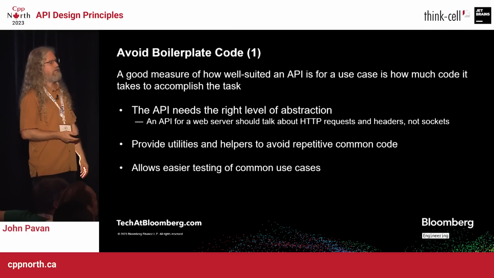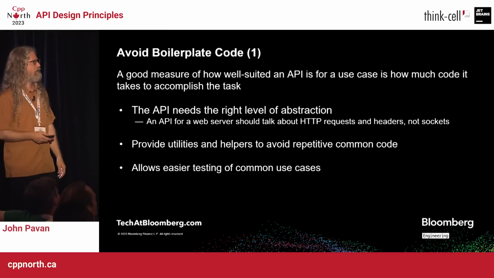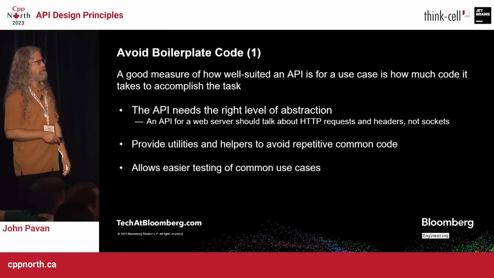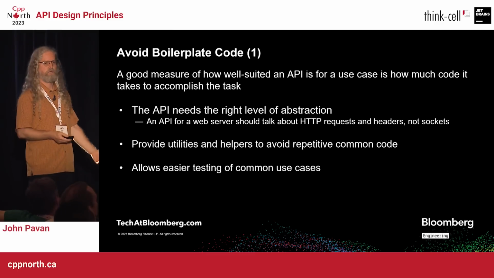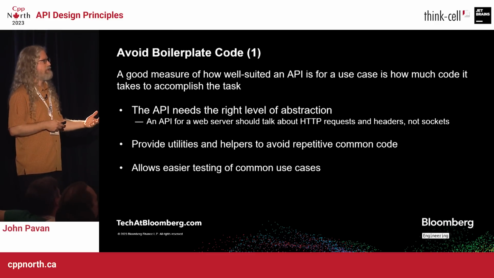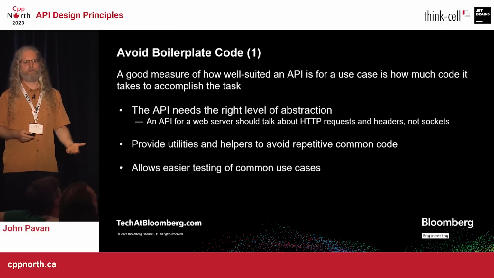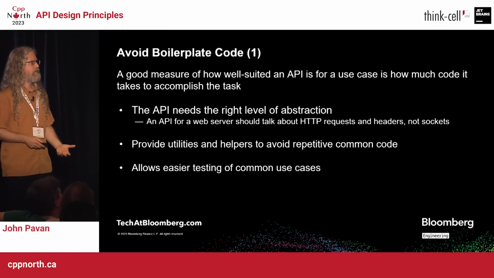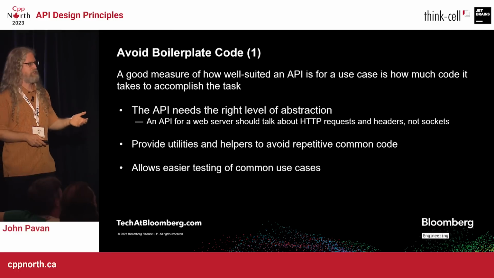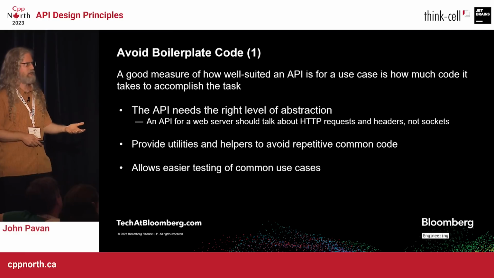You also want to try to avoid boilerplate code whenever possible. In my mind, a good measure of how well suited a particular API or library is to a particular task is basically how little code you need in order to accomplish that task. If you go back far enough, you can look at how much code is necessary to make a simple text editor in something like LessTif or Motif versus how easy it was to make in GTK or Qt.